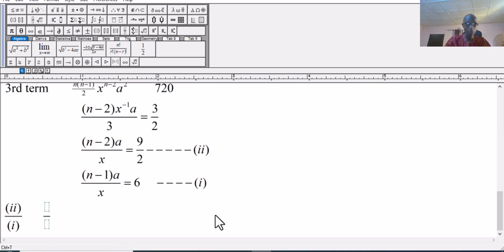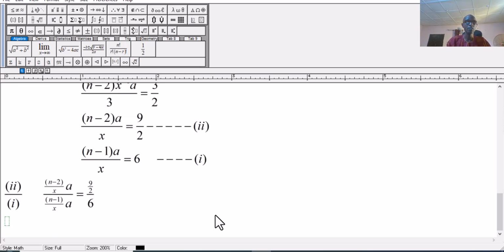So what I will have is n minus 2 over x a, then n minus 1 over x, then we have a equals to 9/2, then 6.